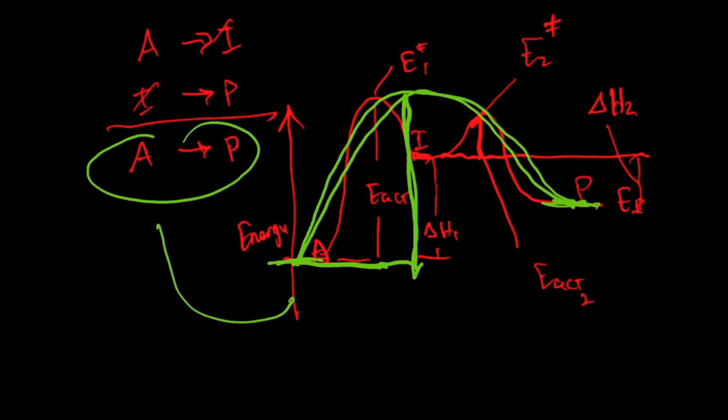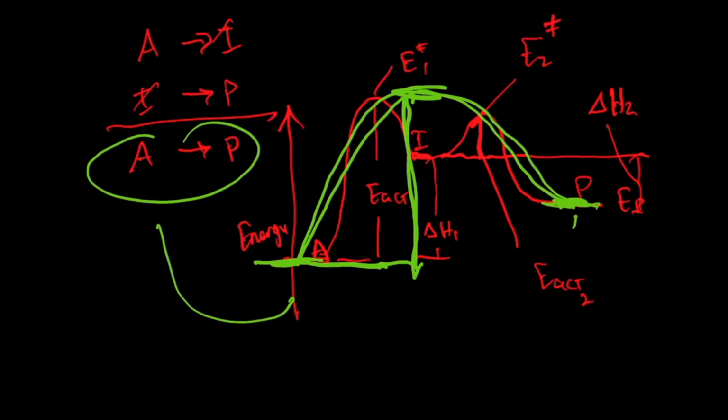It's got a delta H2, the difference in energy between the intermediate and the product. And you have an energy of the intermediate and an energy of the product. But if you're looking at the overall energy, then you ignore the individual steps and you just look at the overall. And the overall is the energy at the beginning, the highest point, to the product.